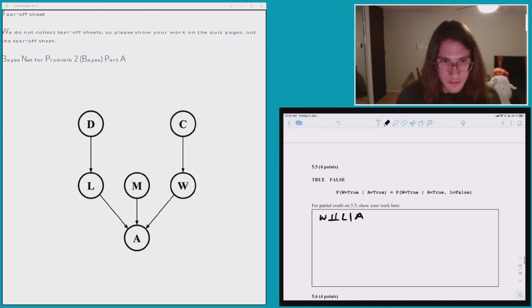Let's see. Ancestral graph. And this is the ancestral graph of the variables in question, not the givens, which is why I'm not going to write this one. This one will be missing.